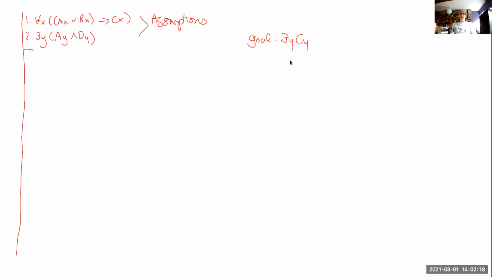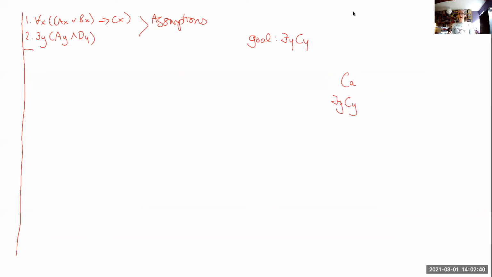Now, what we're trying to prove is an existential. So existential introduction says that if we can get to a point where I can have some formula followed by some constant, then I can swap out that constant for a variable and put an existential quantifier on the front.